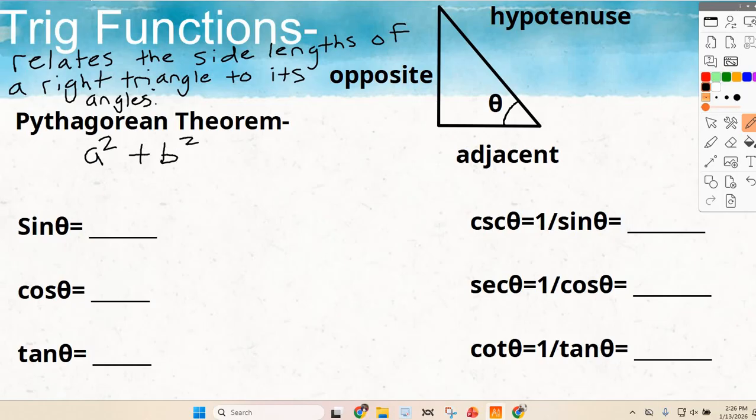I tend to leave it as a squared plus b squared equals h squared, because h stands for hypotenuse. Some people sometimes forget that the c is the hypotenuse, and we'll just put in one of the side lengths there. So basically our Pythagorean theorem relates the three side lengths to one another. It allows us to solve for a side length given a right triangle.